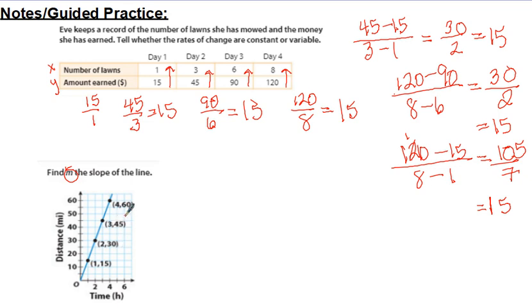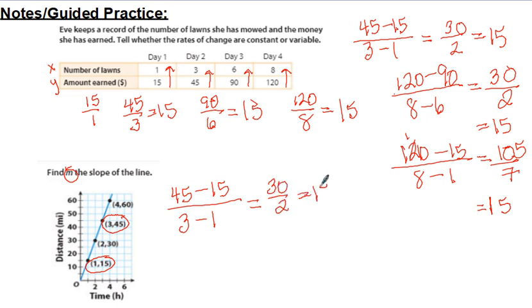I'm going to take 3, 45 and 1, 15. And so I'm going to do 45 minus 15, I actually already did this, right up above, and then I'm going to take 3 minus 1. So I get 30 over 2, which is 15. So I would say the slope, or m, is equal to 15.